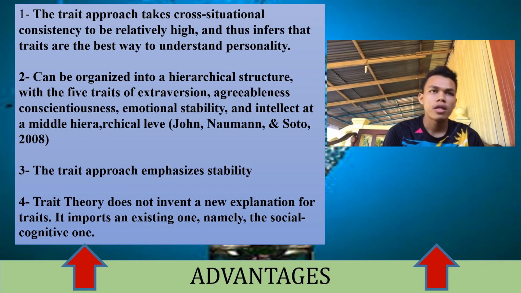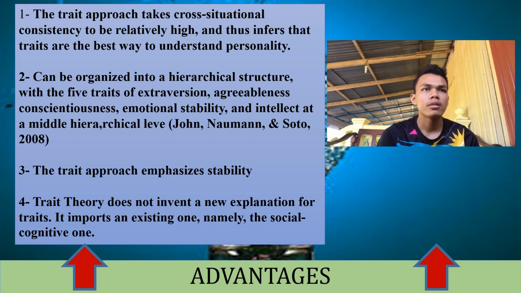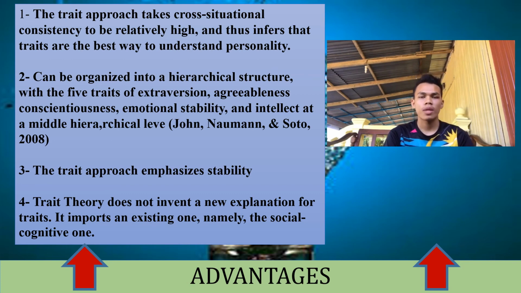For advantage, firstly, the trait approach takes cross-situational consistency to be relatively high and thus infers that traits are the best way to understand personality. Second, traits can be organized into a hierarchical structure with the 5 traits of extraversion, agreeableness, conscientiousness, emotional stability, and intellect at a middle hierarchical level.